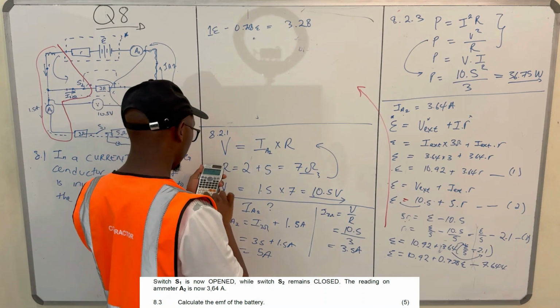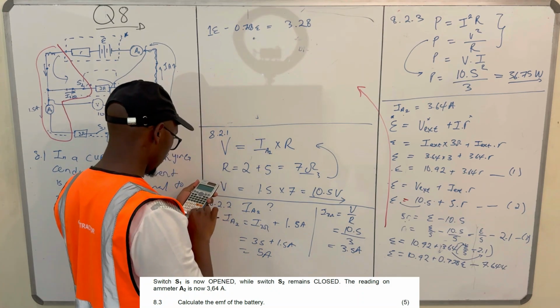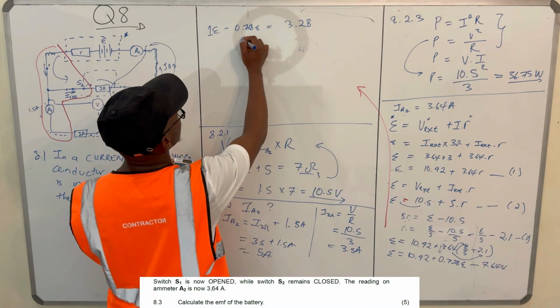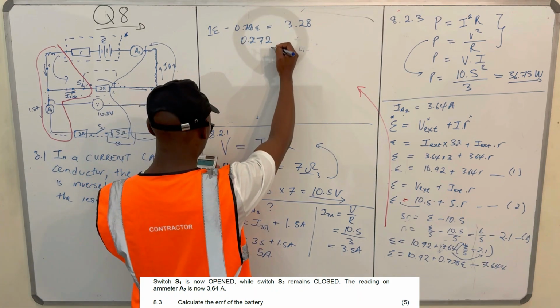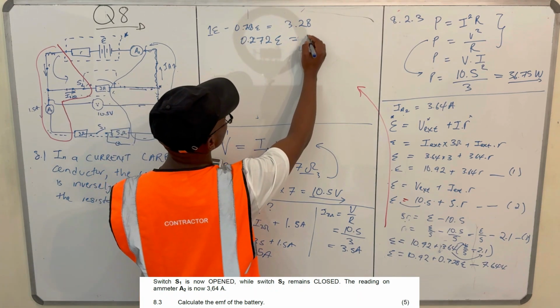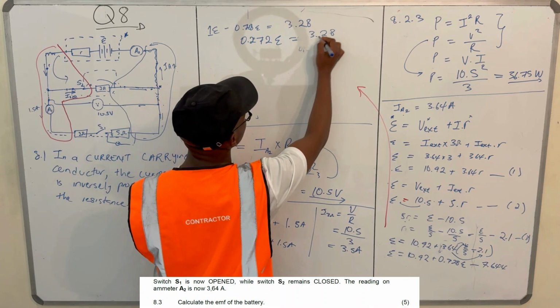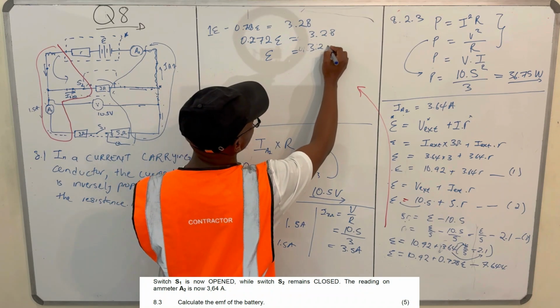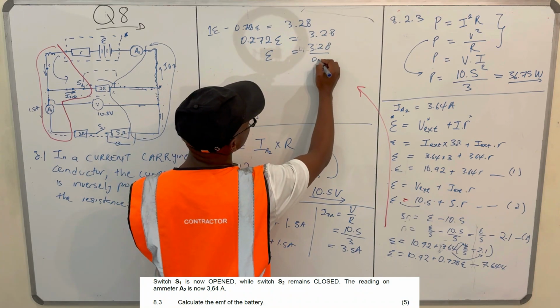So that's going to be 0.272 E equals 3.28. And E there, you're going to find by dividing by this number on both sides.